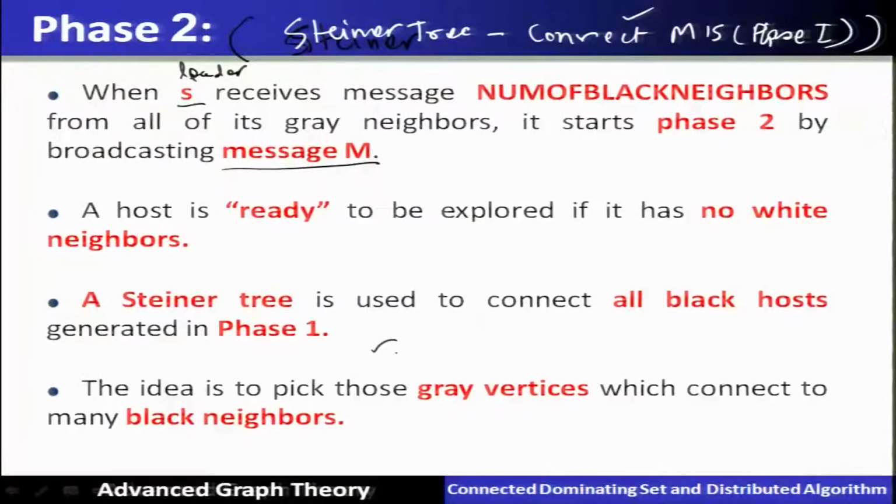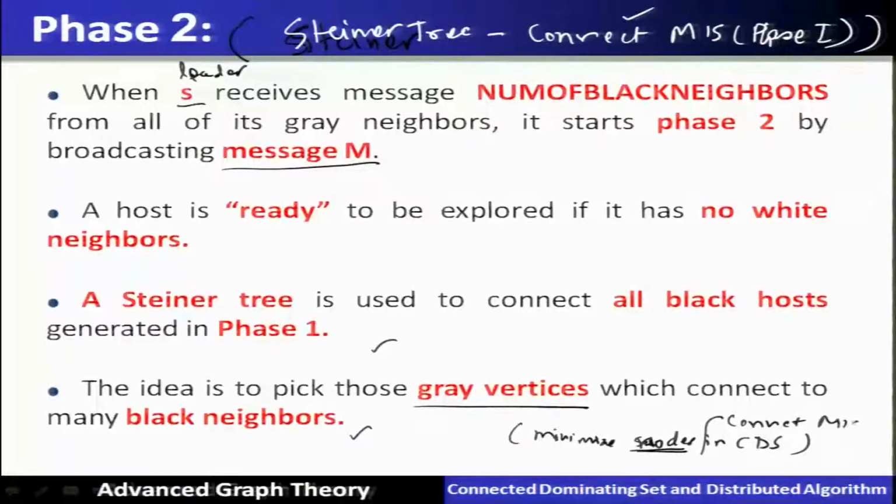The idea is to pick those gray vertices which connect to many of the black neighbors. Why? Because we want to minimize the nodes in the CDS. So with a minimum number of nodes we want to connect the MIS nodes.